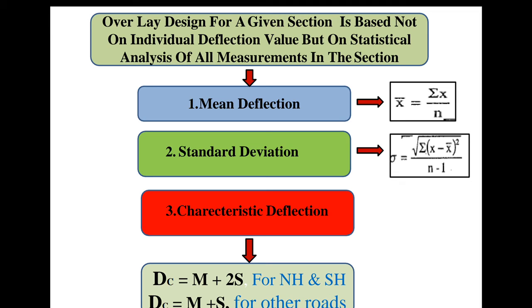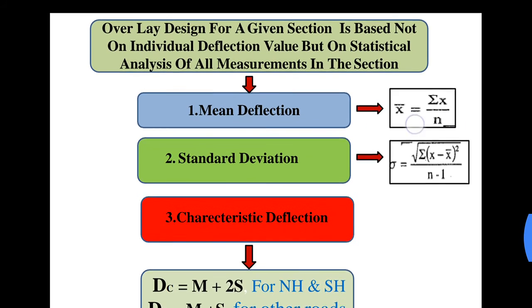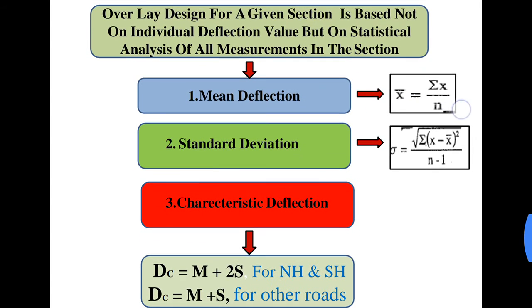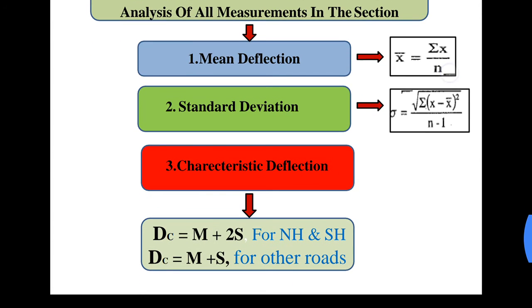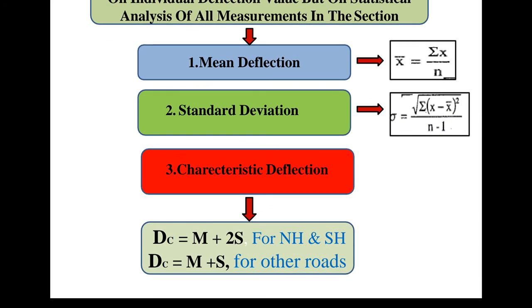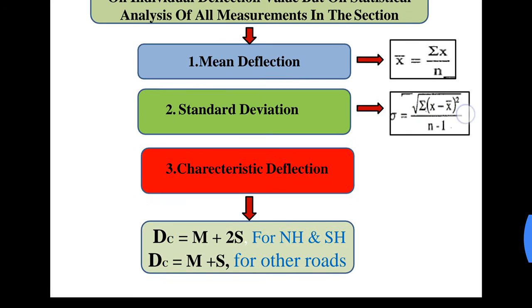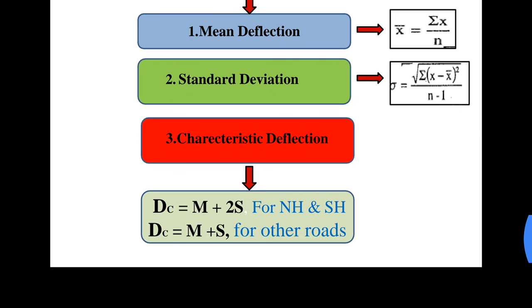Firstly we need to find the mean deflection, given by the formula x bar equal to summation x divided by n. This is the standard mean formula. Then the standard deviation, sigma equal to root of summation of (x minus x bar) whole squared divided by n minus 1, where n is the number of observations.